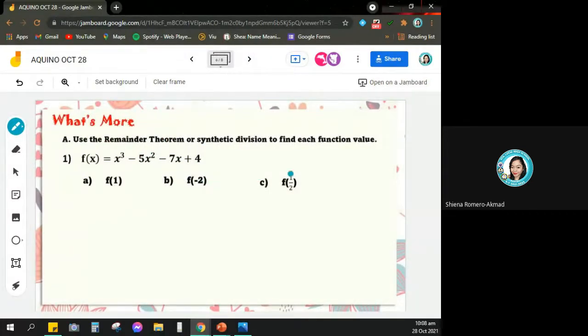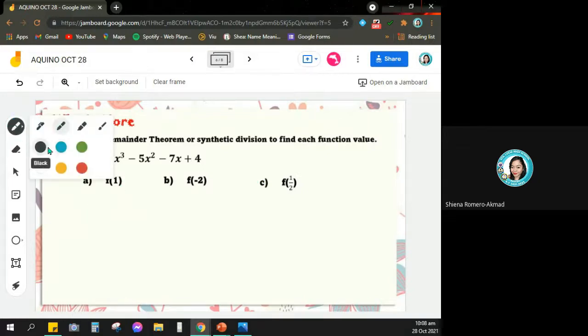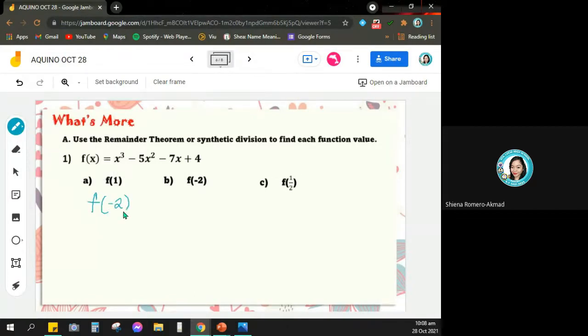I-try natin tong negative 2 tsaka yung fraction. So, dito naman, alam nyo na to, sa substitute lang. Di ba? Very easy. F of negative 2 equals negative 2 cubed minus 5 times negative 2 squared minus 7 times negative 2 plus 4.